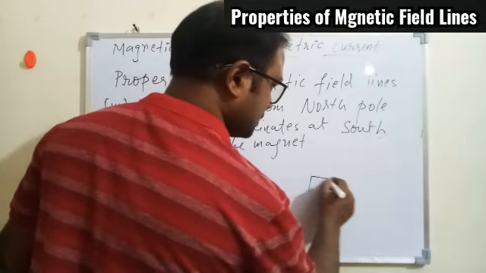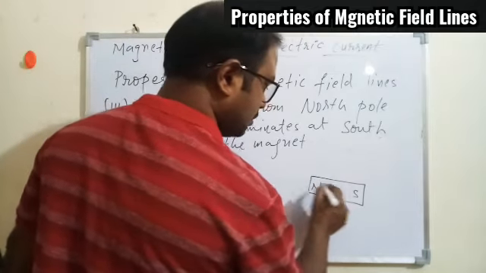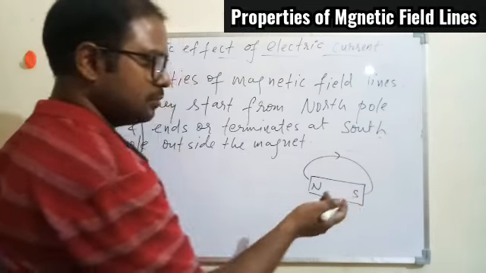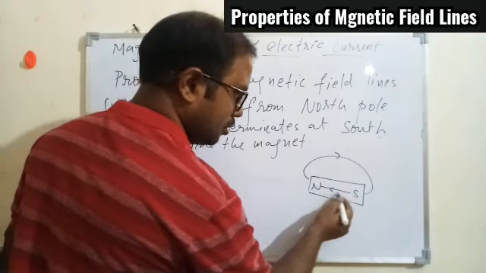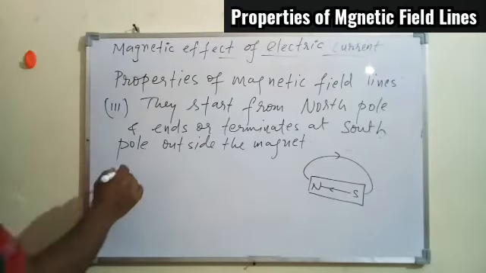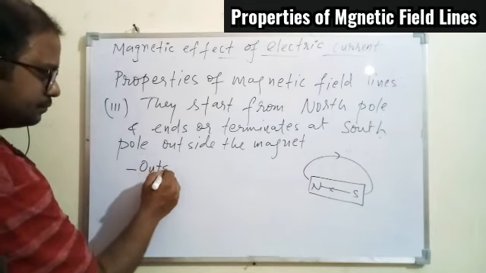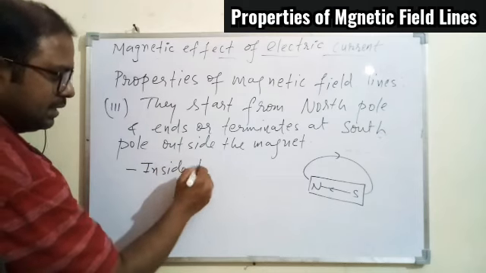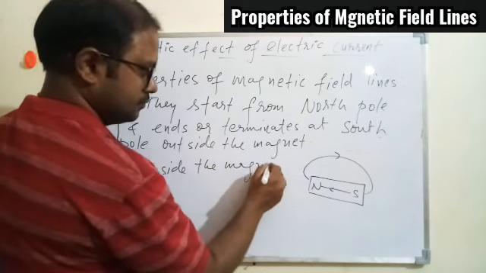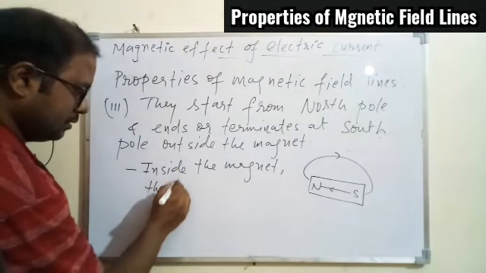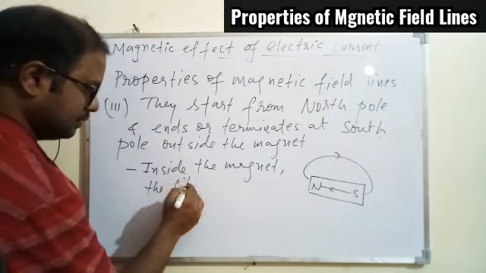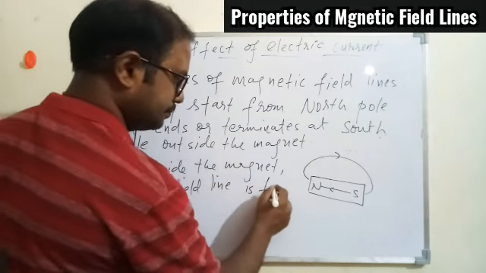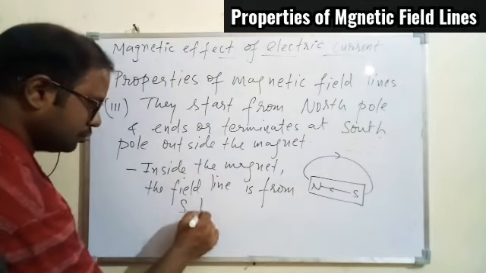So for this again we can draw the same diagram. North and south. The magnetic field line has the direction from north to south outside the magnet, and within the magnet it is from south to north. So inside the magnet, the field line is from south to north.